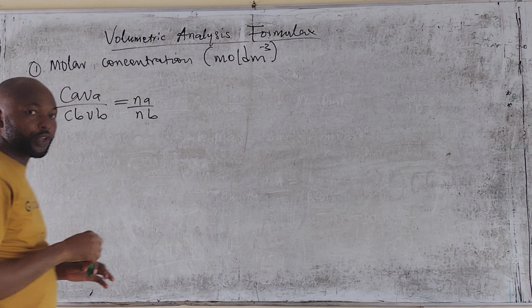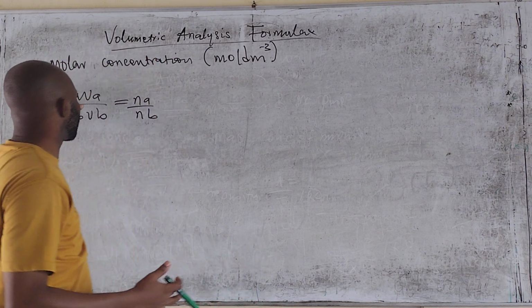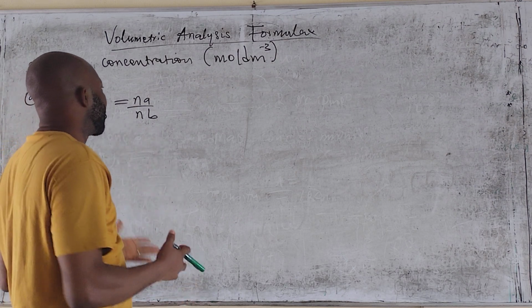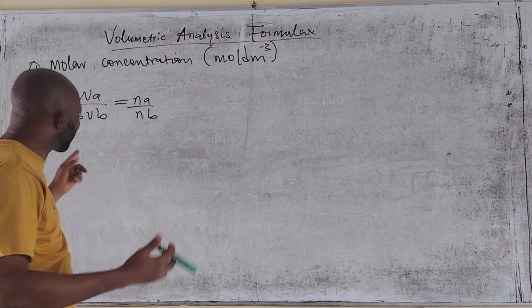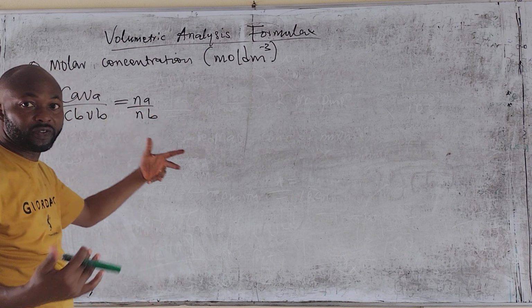So this is the first formula we're going to use in calculating our concentration, where CA is the concentration of the acid, while CB is the concentration of the base. But let me give us what it means. It means we can also use it to calculate the volume, or even the number of moles of acid.